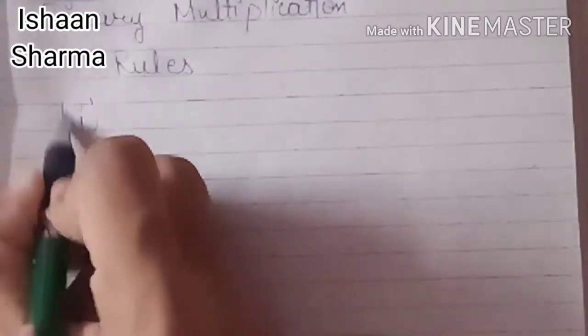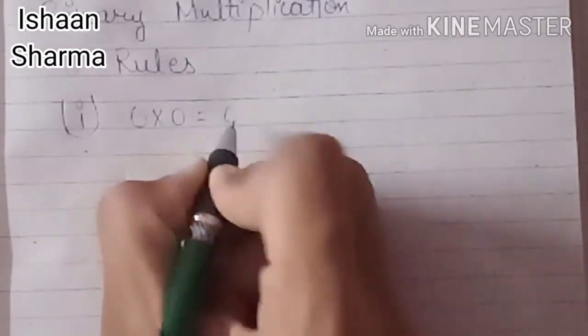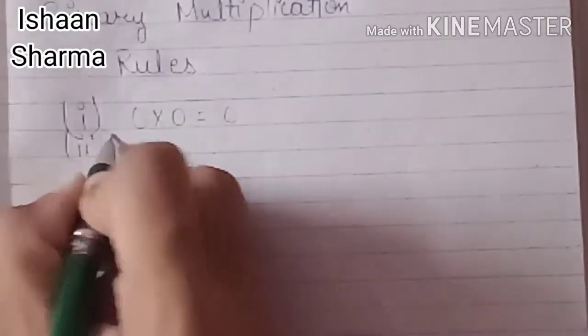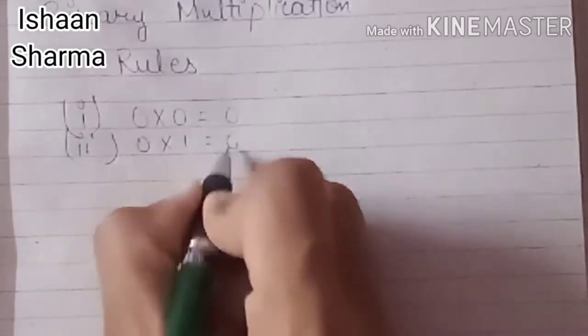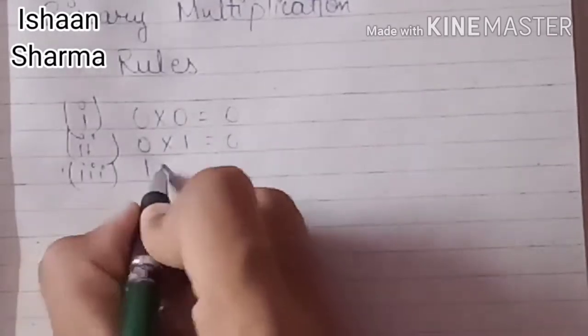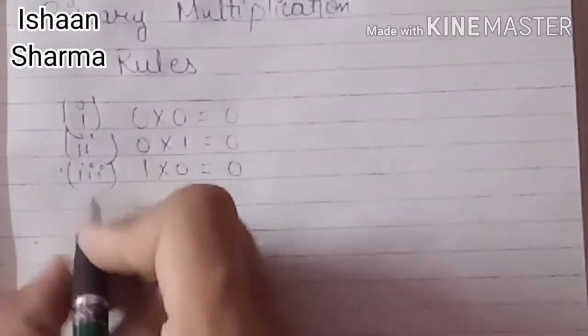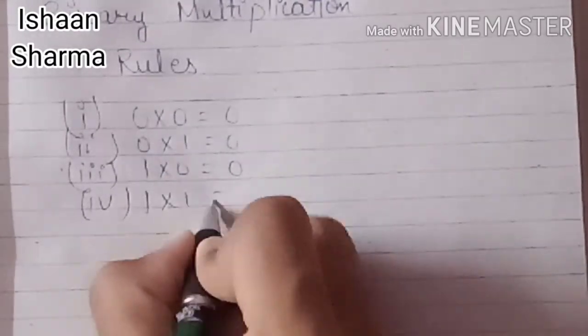So our first rule is 0 multiplied by 0 always gives us 0. Second rule is 0 multiplied by 1 gives us 0. Our third rule is 1 multiplied by 0 is always 0. And our fourth and last rule is 1 multiplied by 1 is equal to 1.